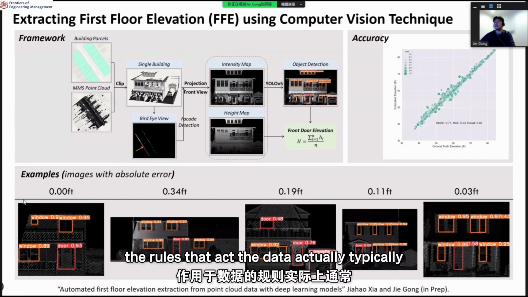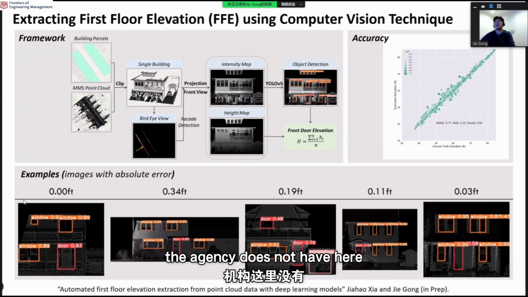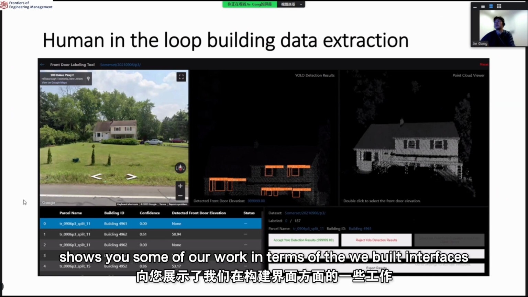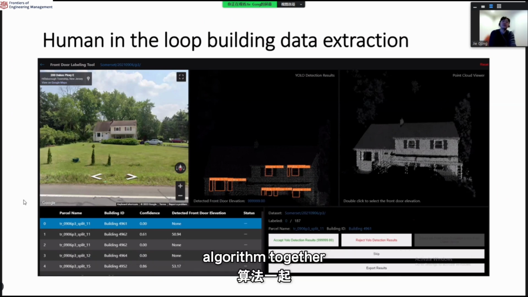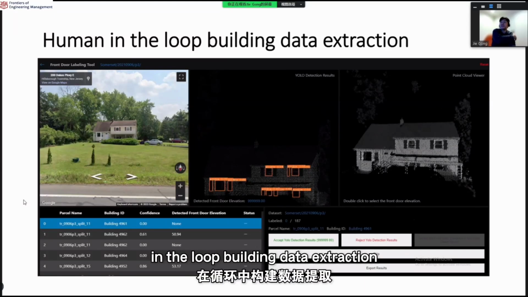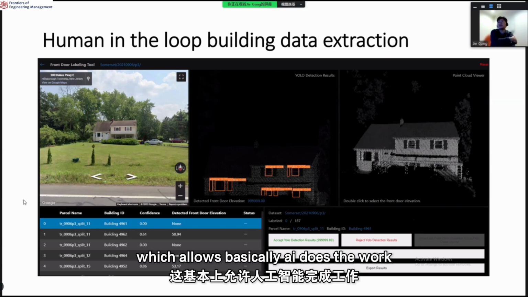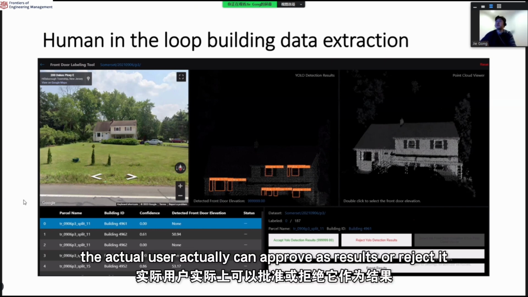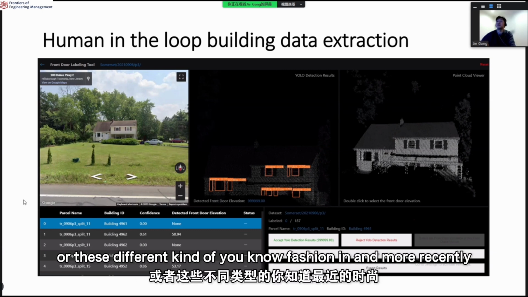Those are data that agencies typically do not have, which creates problems for estimating the damages. This shows some of our work where we built interfaces and algorithms together for human-in-the-loop building data extraction, which basically lets AI do the work, then the user can approve or reject AI's results.